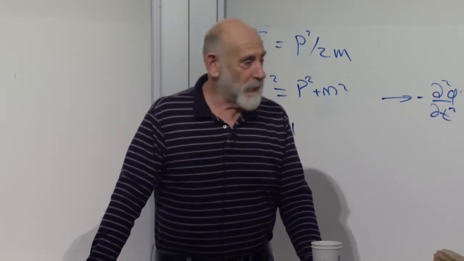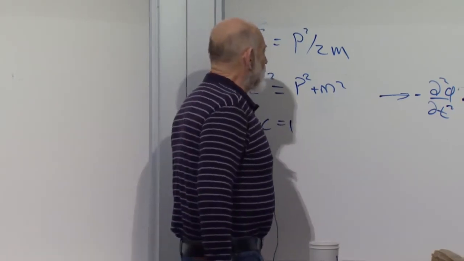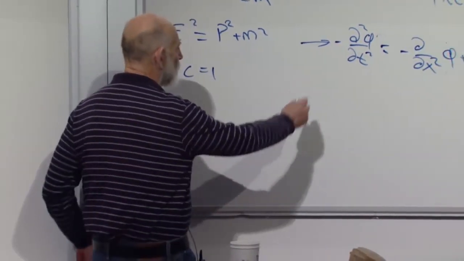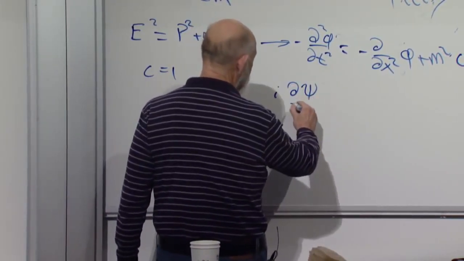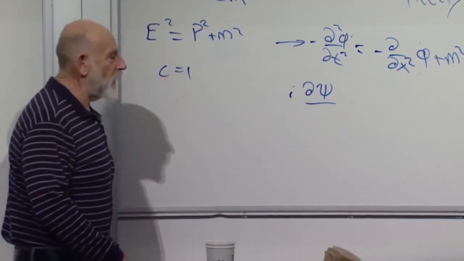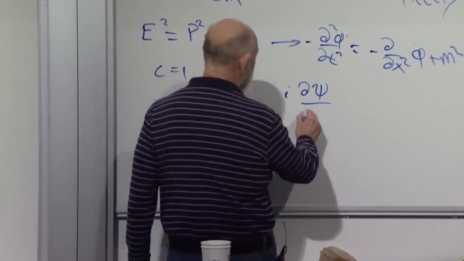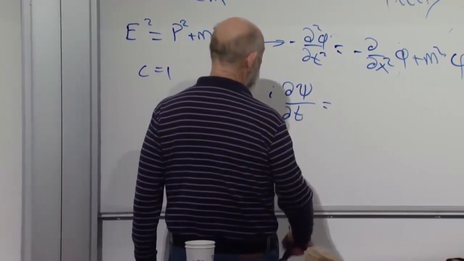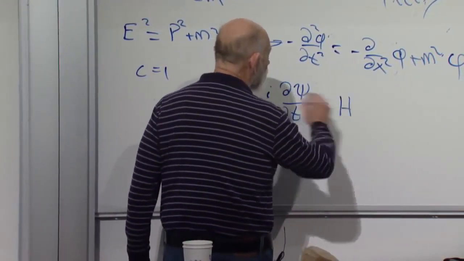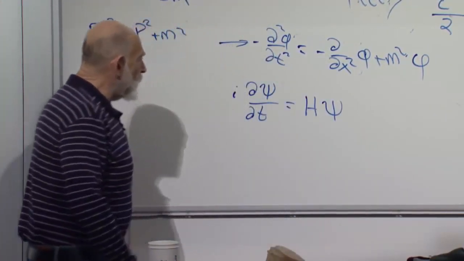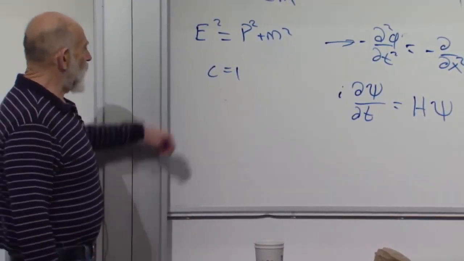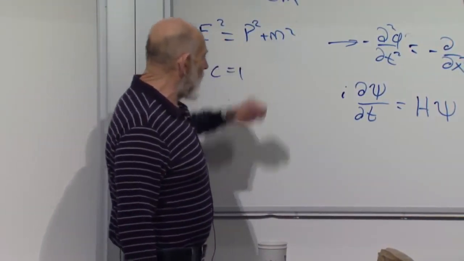Okay? So he wants an equation that reads i d psi by dt is equal to some H, some operator on psi. Now it's not a field operator, it's just a wave function for an electron. What kind of an operator? Well, it's got to have the momentum, it's got to have the mass.